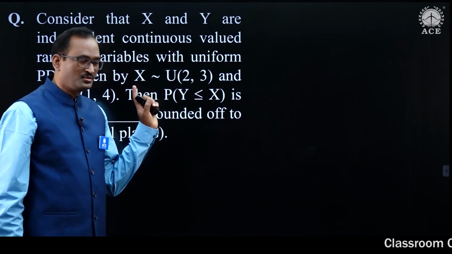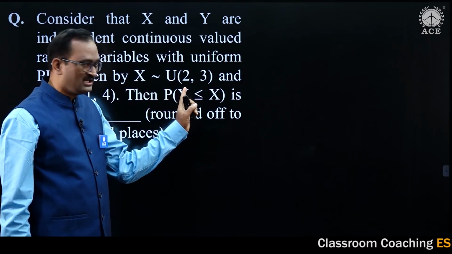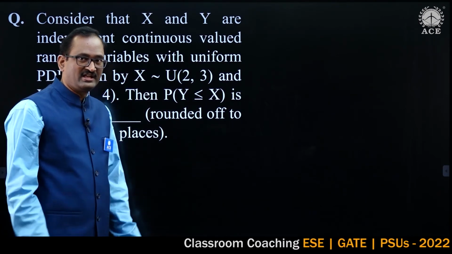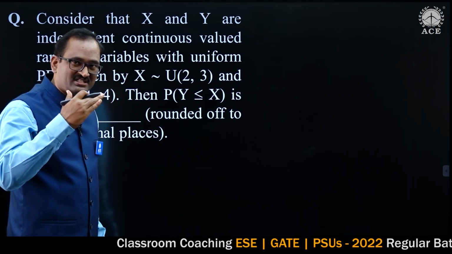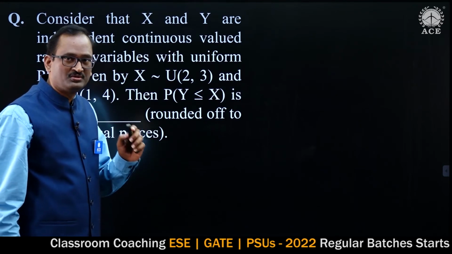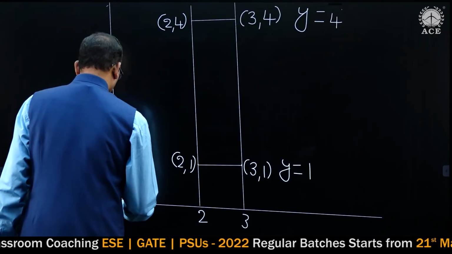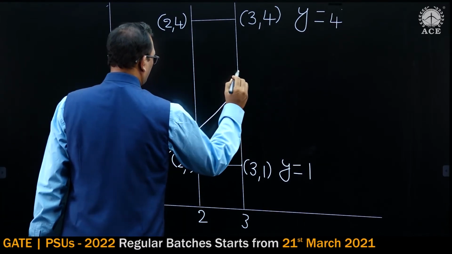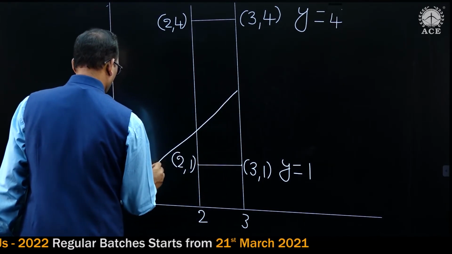Now, first we were asked to find the probability of y less than or equal to x. Let us draw y is equal to x line. Y is equal to x line is a straight line passing through the origin.